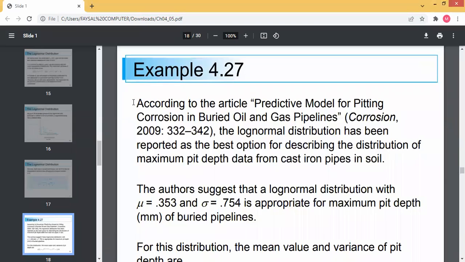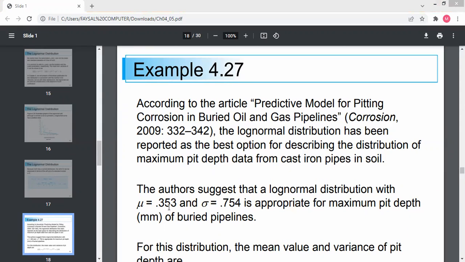Now, in example 4.25, according to the article, predictive model for pitting corrosion in buried oil and gas pipelines, the log normal distribution has been reported as the best option for describing the distribution of maximum pit depth data for cast iron pipes in soil.